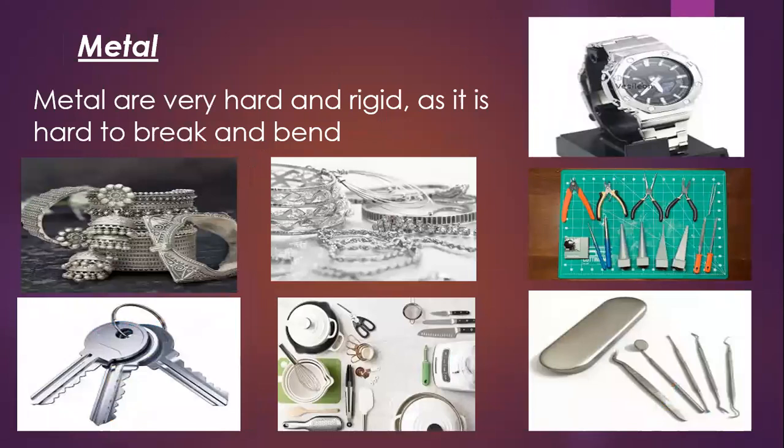Next we have metal. What is metal? Metals are very hard and rigid, as they are hard to break and bend. You can find things made of metal like keys, your jewelry, bangles, in the kitchen knives, cooking pots, doctors' tools, equipment for engineers, watches.